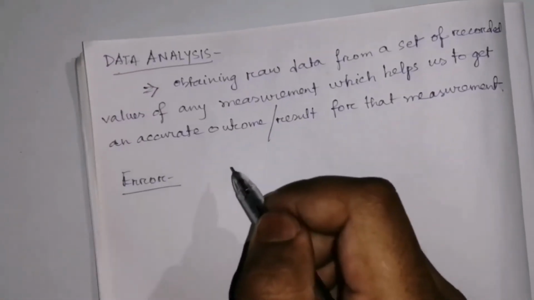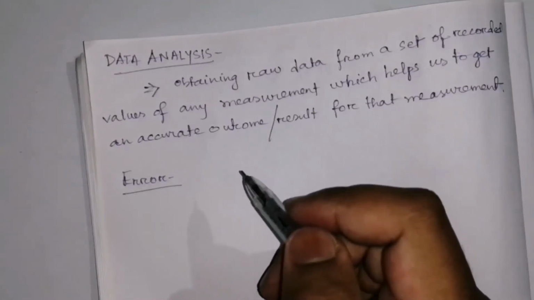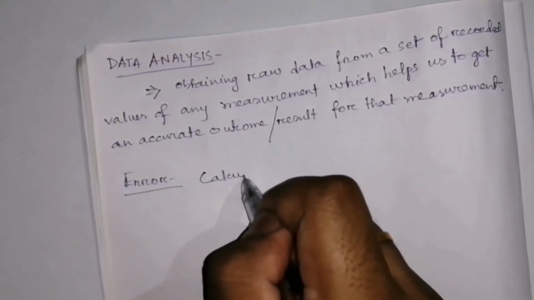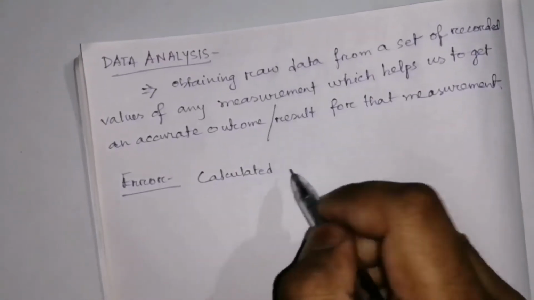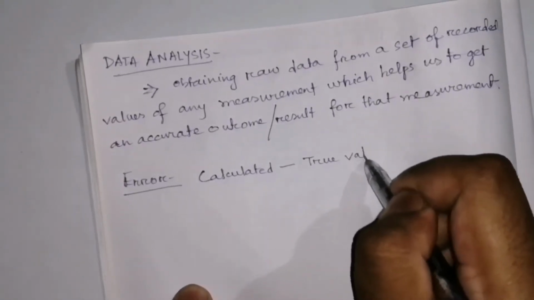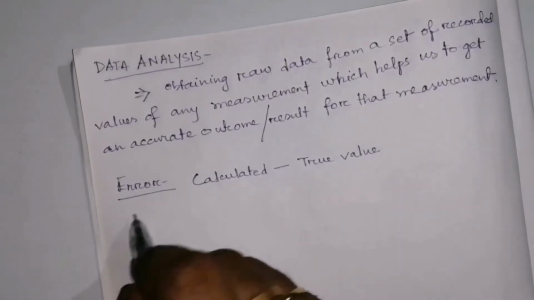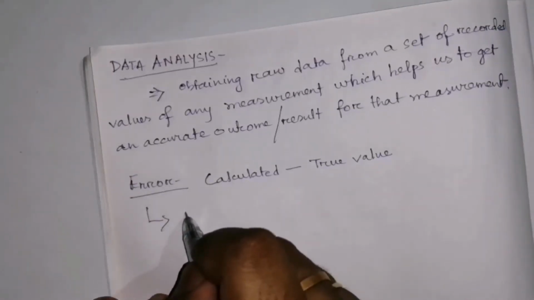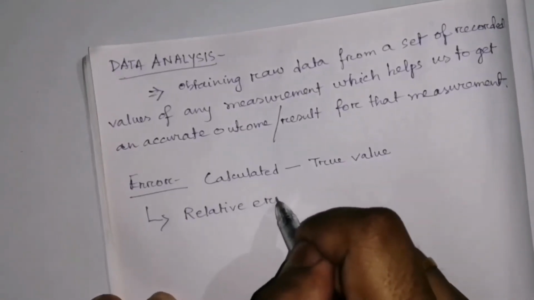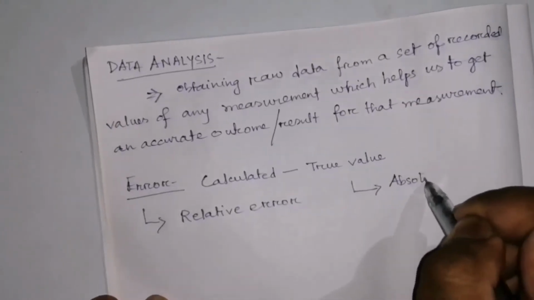So, error is any numerical value which is obtained when we take the difference between the calculated value and the true value of any analytical determination or of any measurement. This error is represented as relative error and absolute error.